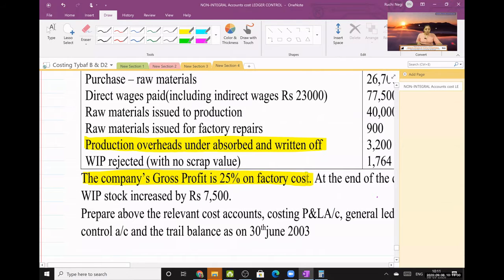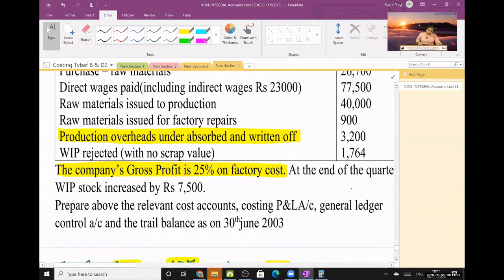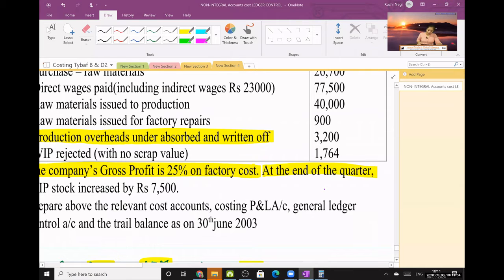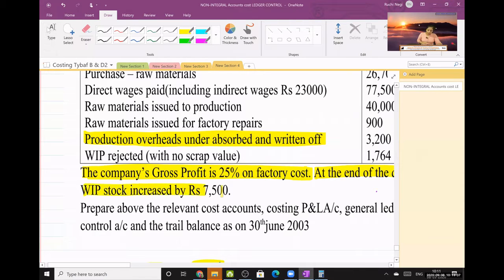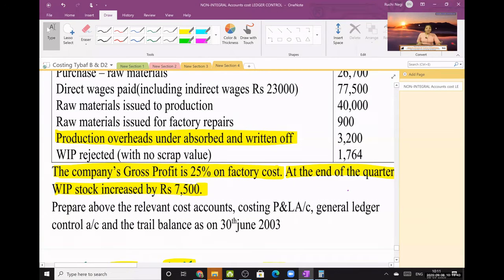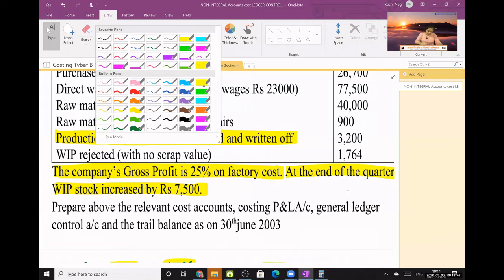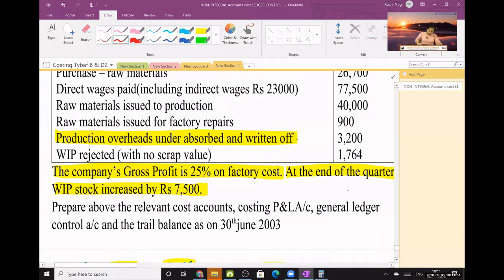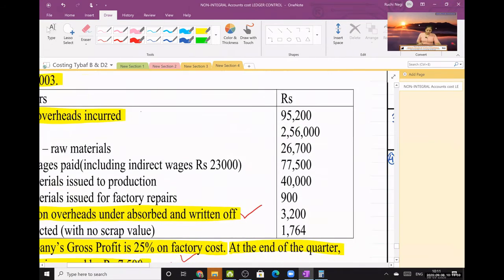This is also new to us. And this one is also new: at the end of the quarter, WIP stock is going to increase by 7,500. So there are three new things in the question. Let me highlight it for you all. This is the first, then this one, and then this one. Okay, that's it. The rest is some regular sum.